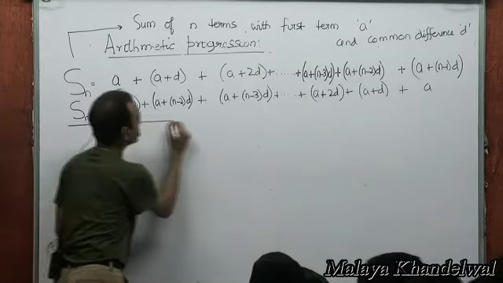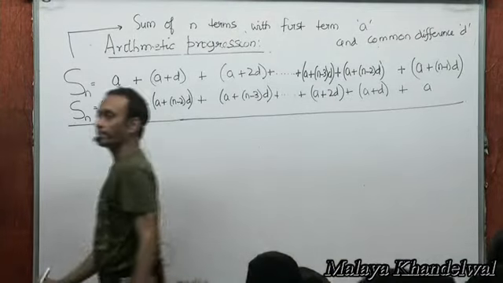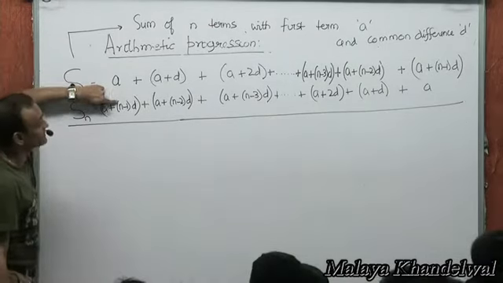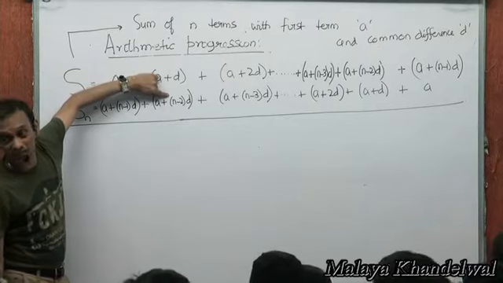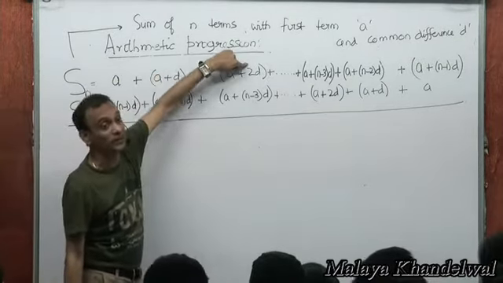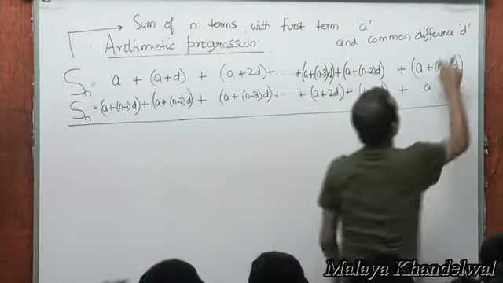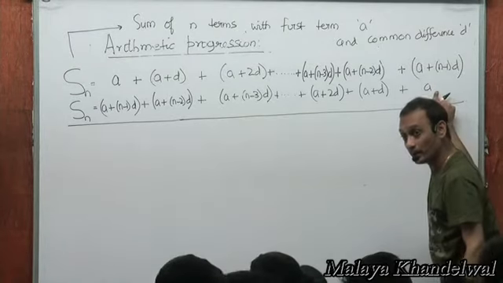Now, actually this was the first term of the sequence, this is the last term of the sequence. This is the second term of the sequence, this is the second last term of the sequence. This is the third term of the sequence, this is the third last term of the sequence. Yes or no? This is the last term of the sequence, this is the first term of the sequence. Clear?